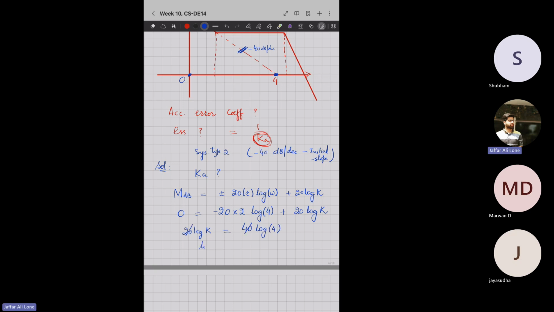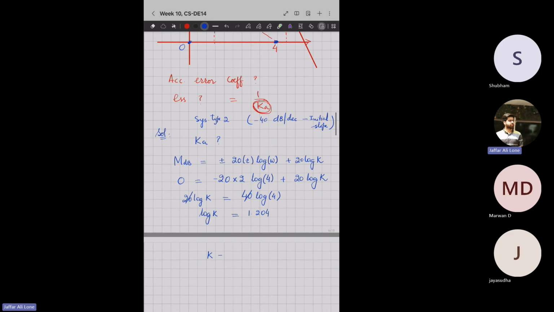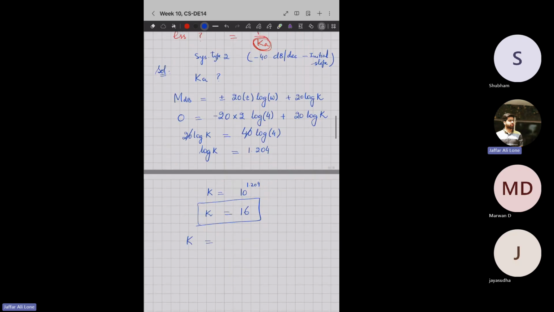This 20 and this 20 cancel, so log of k is equal to twice log of 4, which is equal to 1.204. So k is equal to 10 to the power 1.204, which means k is equal to 16. So k, basically Ka, is equal to 16.